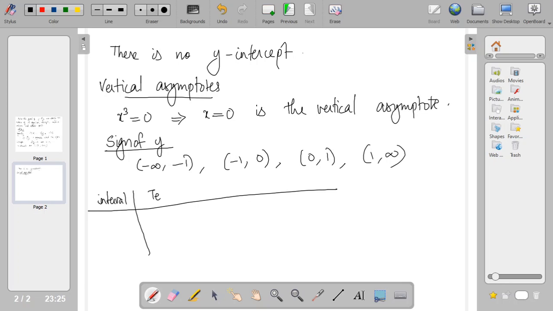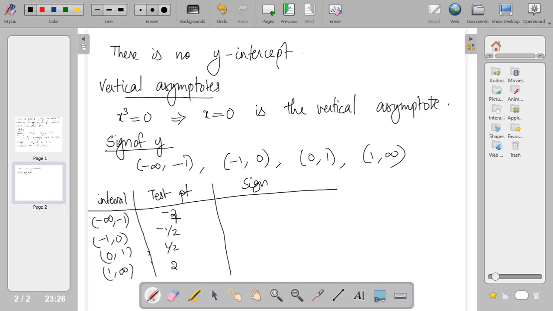Let us take a test point in each. For -infinity to -1, let me take the value -2; for -1 to 0, let me take -1/2; for 0 to 1, let me take 1/2; and for 1 to infinity, let me take the value 2.